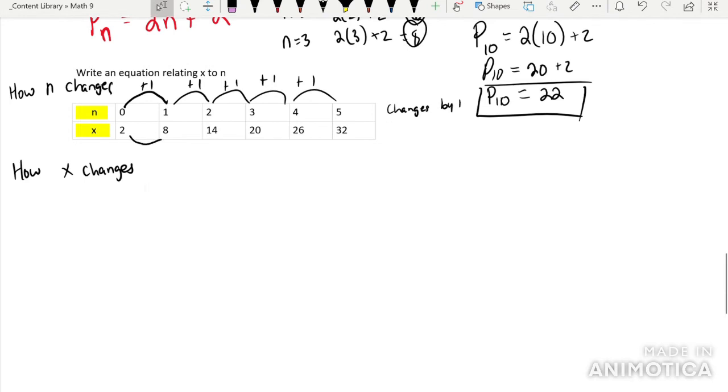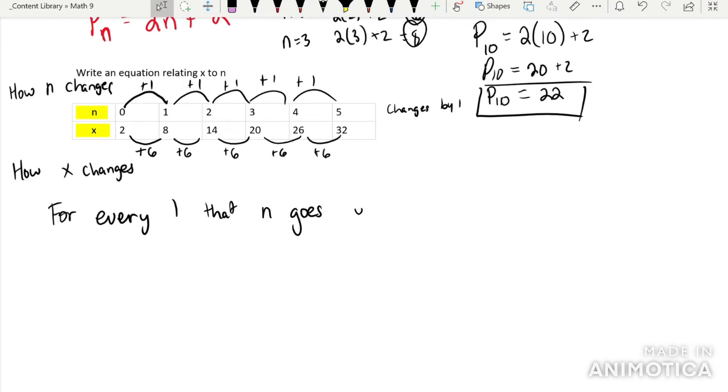and then I'm looking for a consistent value between our x values. So 2 to 8 gives me a value of 6, 8 to 14, oh, it's still 6, 14 to 20, still 6, still 6, still 6. So how we can think about this is for every 1 that n goes up by, x increases by 6.